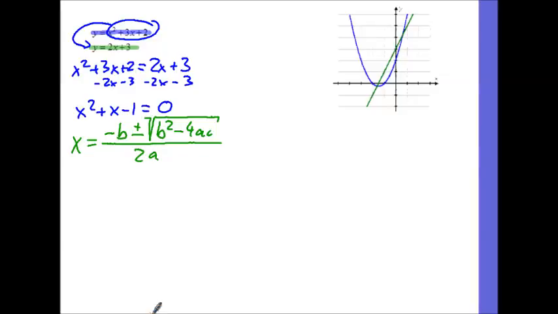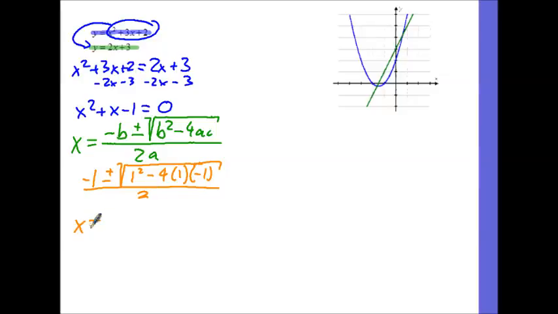Plugging in my numbers, I get -1 here, b is 1, plus or minus the square root of 1 squared minus 4 times a, which is 1, times c, which is -1, all over +2.